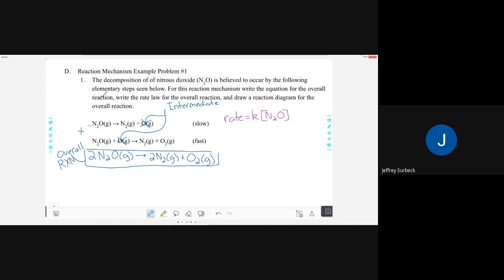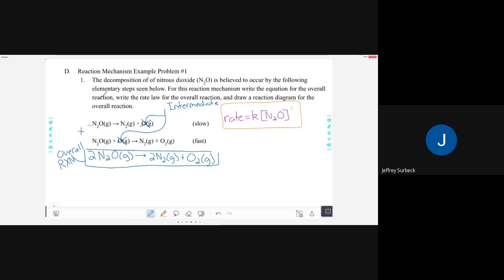Now, typically we don't put 1 as the coefficient or as the power, but to show you where that came from, I did want to write that down for this one. So that would be our rate law. It comes from our slowest step. Because the first step was our slowest, we can go ahead and write that down.